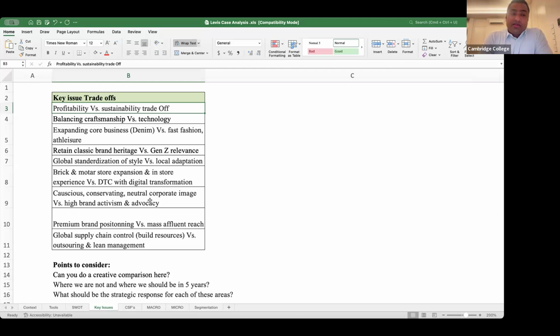So those are the guys who have mastered the fast fashion space as well as the athleisure space, which is a huge trend today, especially in the West, especially in the US market. And the US market is a huge market that spends a lot of money on clothing.